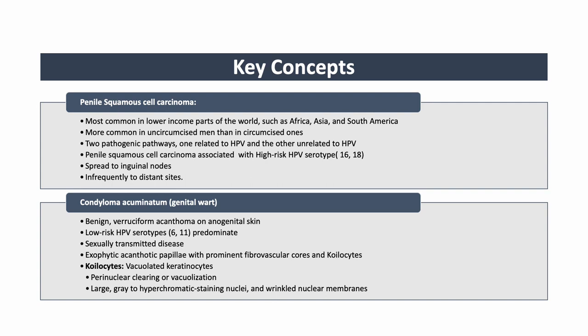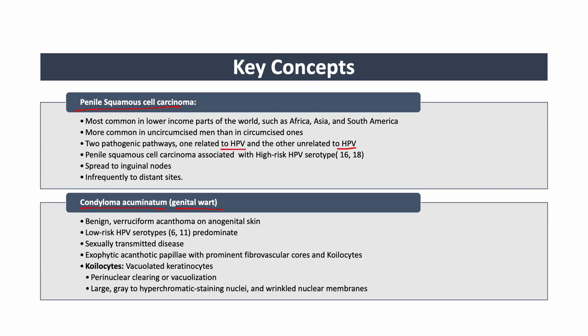And this is the last slide in the lecture. In this slide I'm trying to emphasize the two most important points from this lecture: squamous cell carcinoma of the penis and condyloma acuminatum, genital wart, are both conditions associated with HPV infection.